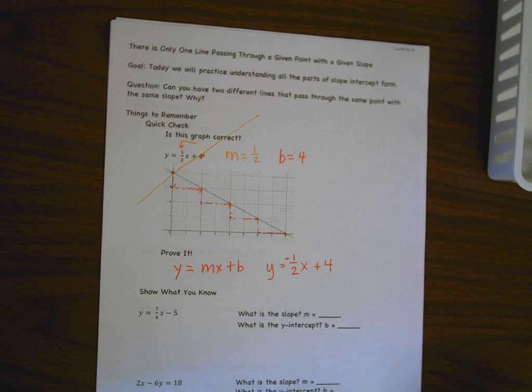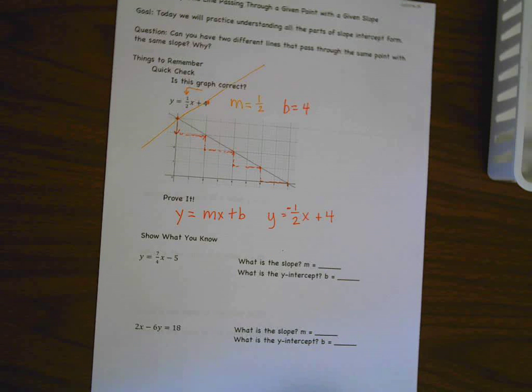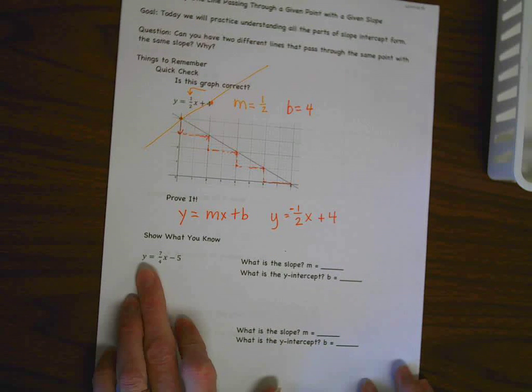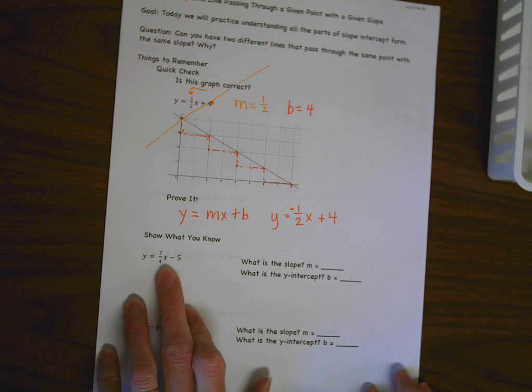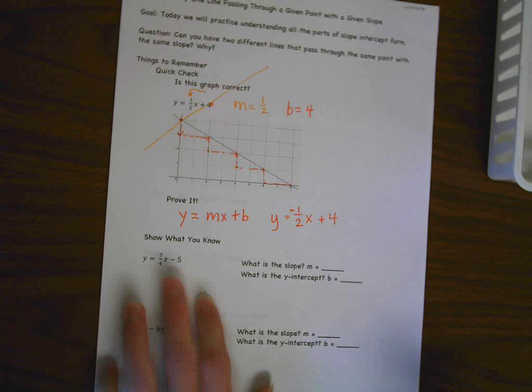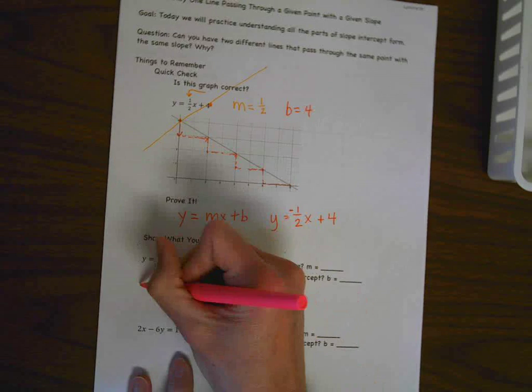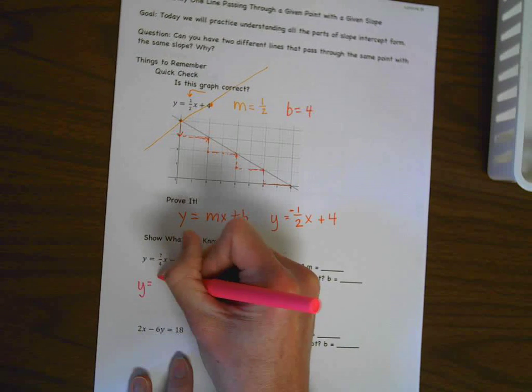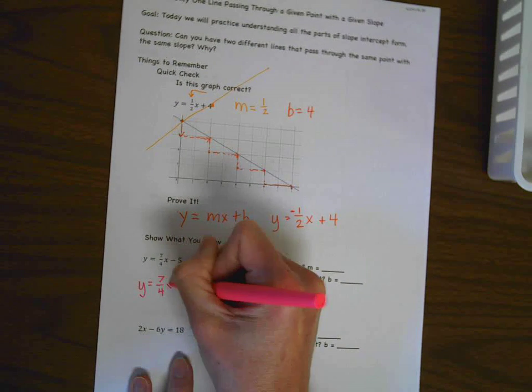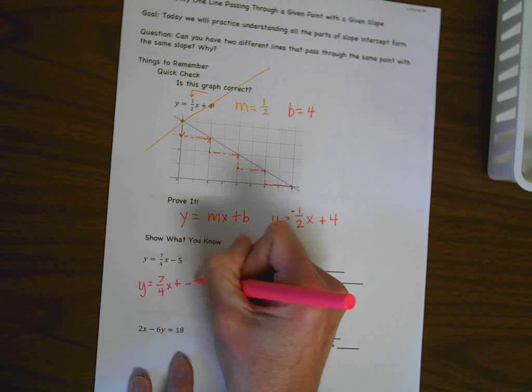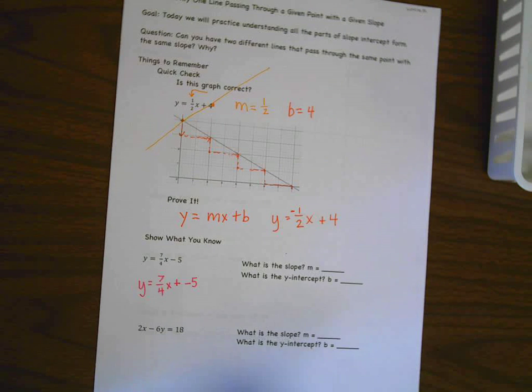Okay, so now you get to show what you know, and this is what we're going to be doing in this lesson. It says y equals 7/4 x minus 5. So if we like to stick with what we know, we could rewrite it so it says y equals 7/4 x plus a negative 5.